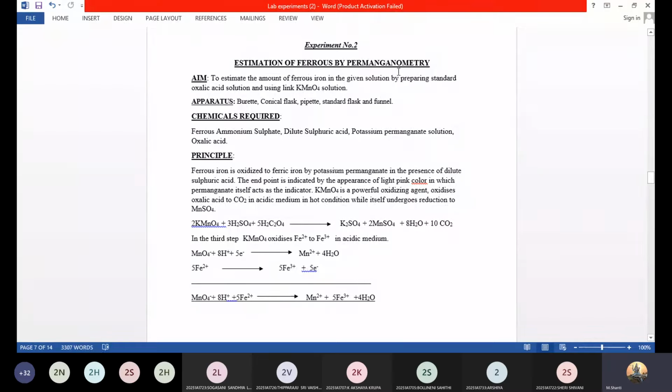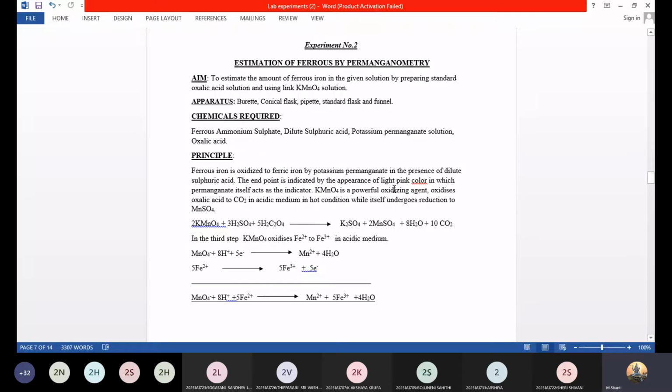Why are the titrations called permanganometry titrations? Because here you are using the KMnO4 solution for the titration.